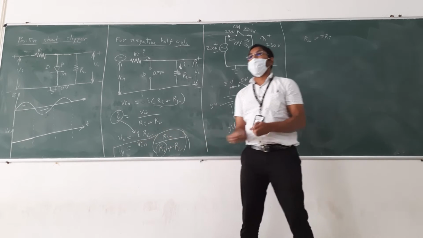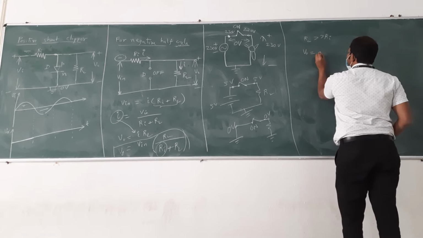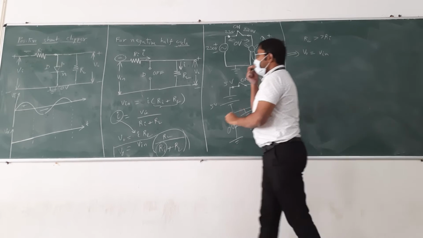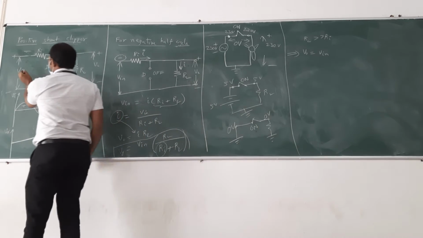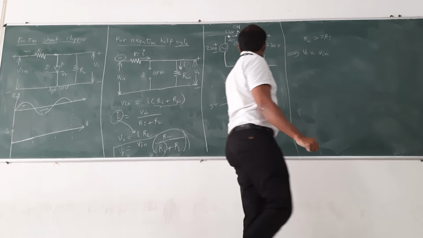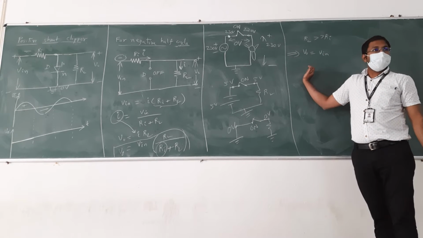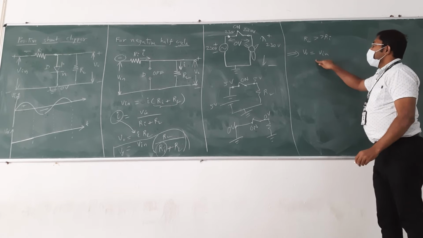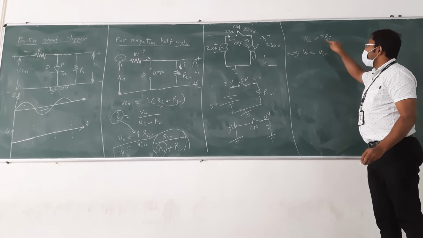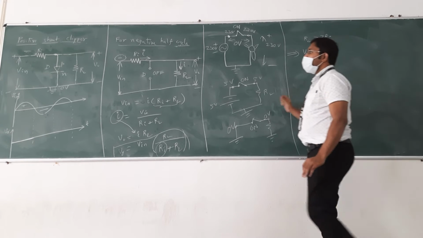V naught will be equal to V in. Okay? Clear? Any doubts? Fine. So for this situation, when R_L is much greater than R_i, we have V naught equal to V in.